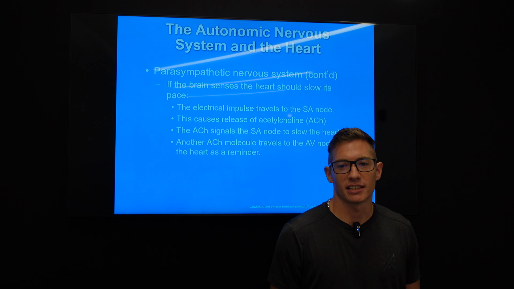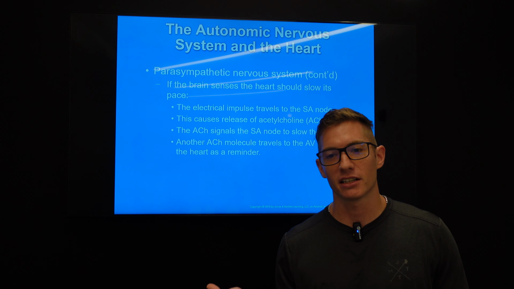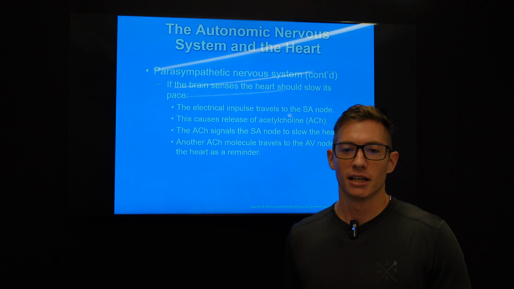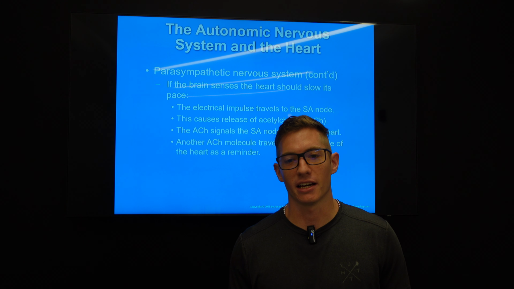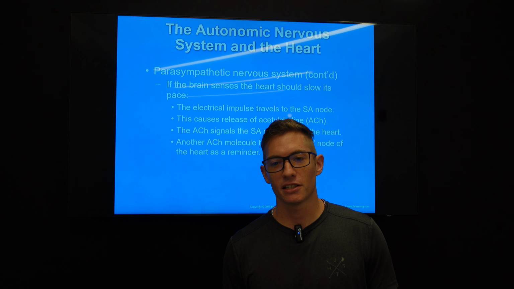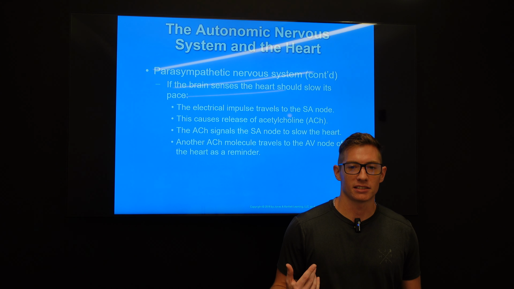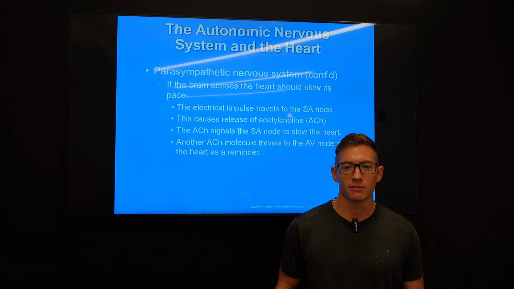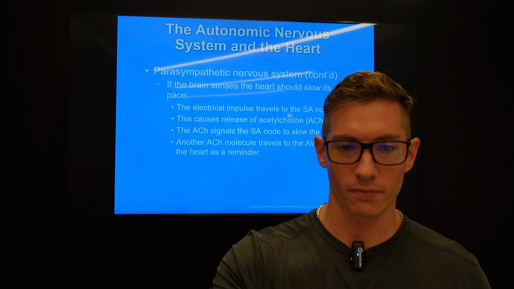So if the brain senses that the heart should slow its pace, an electrical impulse travels down the vagus nerve to the SA node. The electrical impulse stimulates the release of acetylcholine, ACH. Acetylcholine signals the SA node to decelerate the heart rate. Another acetylcholine molecule travels to the AV node, ensuring that no additional impulses can get through.